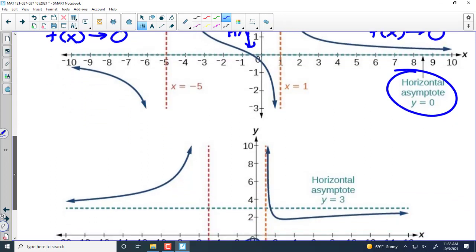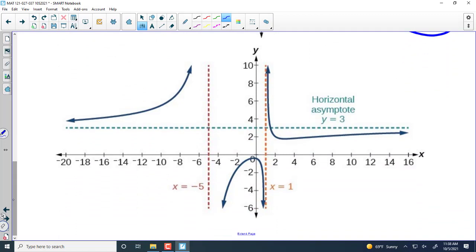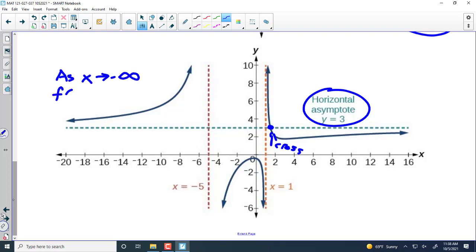Here's another horizontal asymptote. This one is y equals 3. Once again, you will notice that we crossed right here. And for this one, as x approaches negative infinity, the function itself gets really close to 3. And as x approaches positive infinity, the function itself gets really, really close to 3.